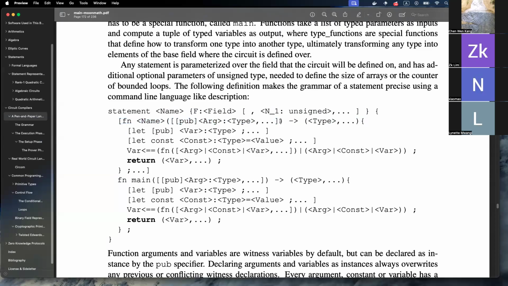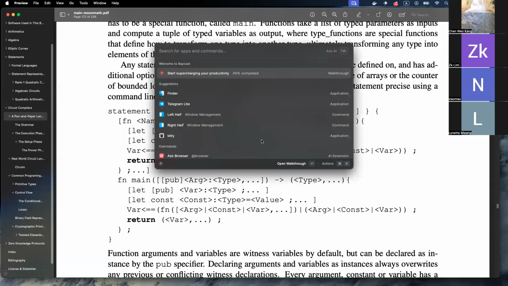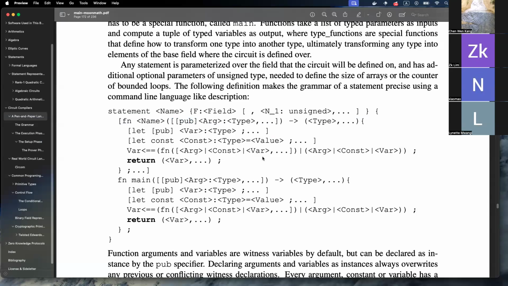And this is, oh my God, the curly brackets. So within a function name, within its parameters, it can have a public modifier, and then it can have many argument types.